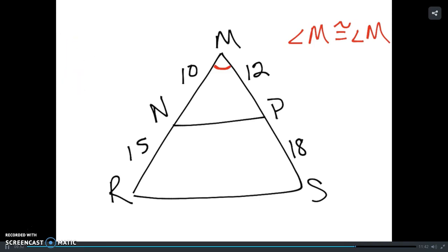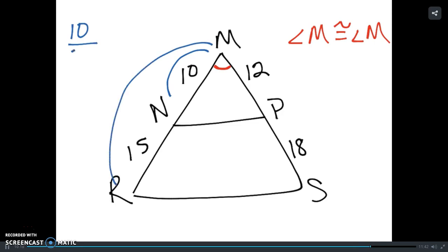And so what that means is we need to write a ratio for each of those sides. We're going to start off, and it doesn't matter on this one when you're checking proportionality whether you do the small one over the large one or the large one over the small one, because all we're checking for is, are they proportional? So I'm going to use the small one first, and that would be 10 over the large side, and that's both of these.